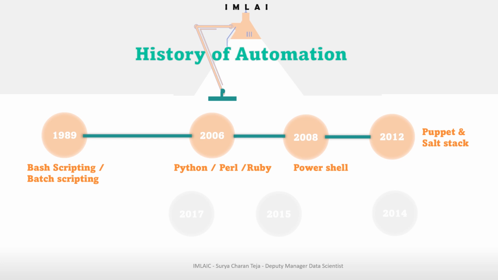The perspective was, let's say you have many servers, a cluster of web servers. Almost all the web servers in a cluster will be exactly similar, with similar configuration, packages, and service status.